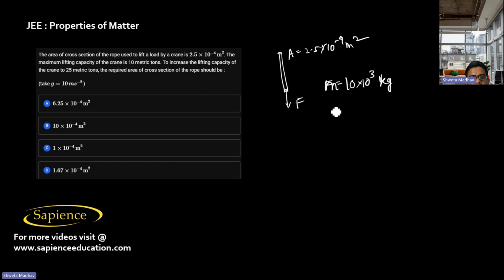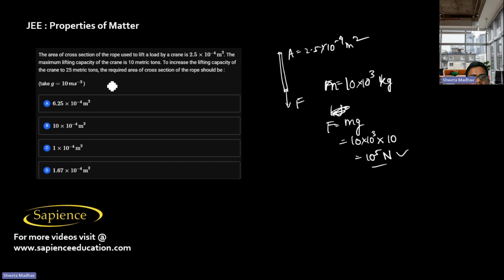So therefore, the weight it can lift, the load, is equal to mg. g is 10, so 10 into 10 power 3 into 10, which is 10 power 5 Newton. So this is the maximum lifting capacity of the crane.